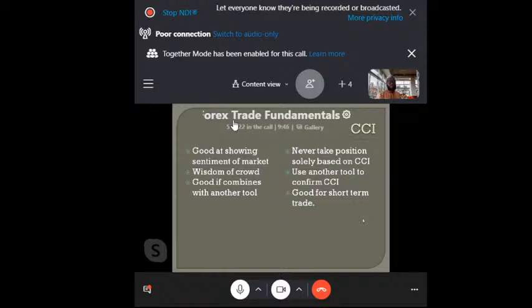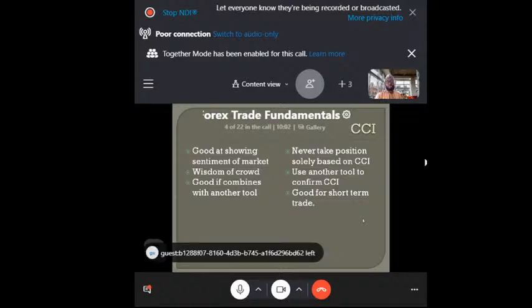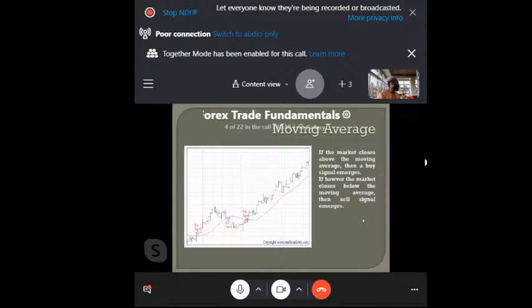You as a trader should never take a position solely based on CCI because it's not a standalone tool. Use another tool to confirm CCI, and CCI is always good for short-term trading. If you are a long-term trader, swing and position, CCI will not be good for you.